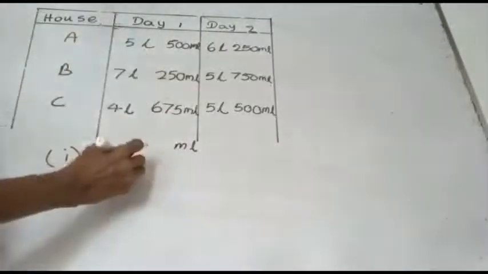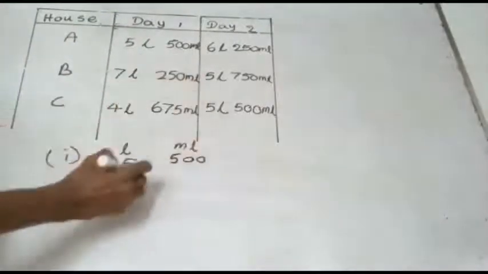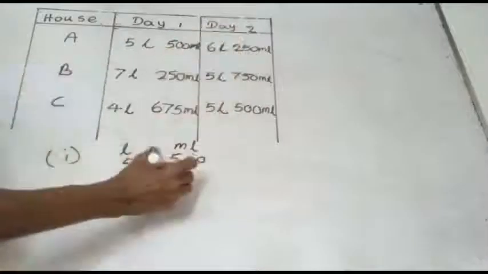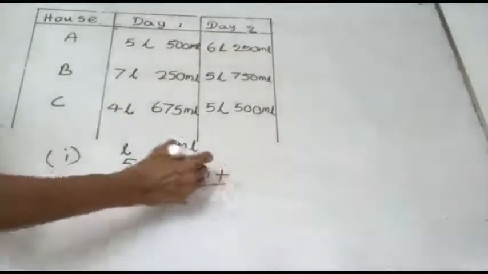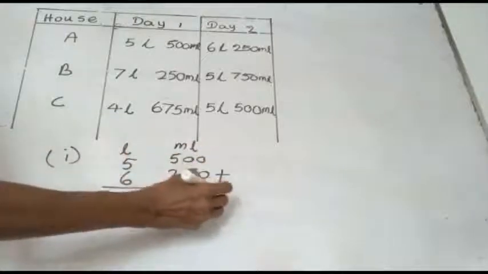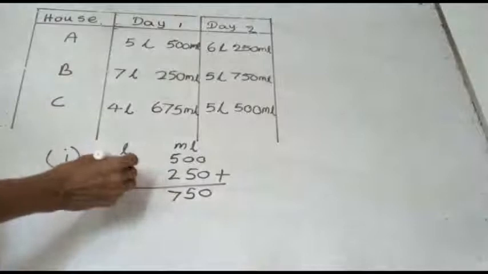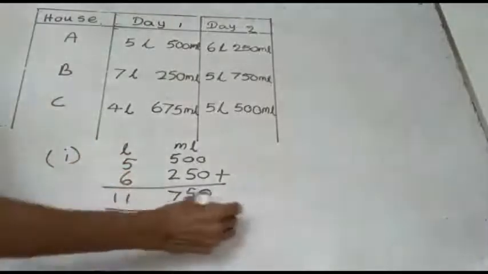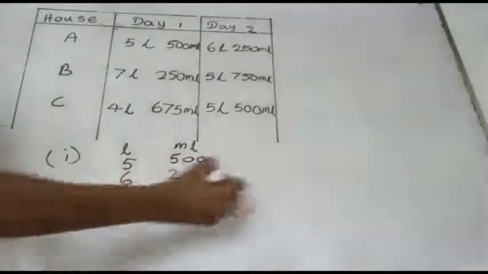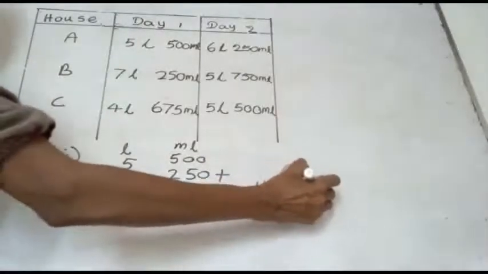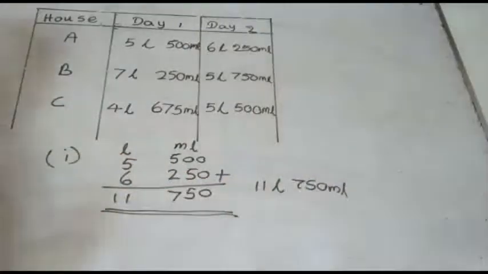Day 1, 5 liters and 500 milliliters. Day 2, 6 liters and 250 milliliters. We add them. 500 plus 250 is equal to 750 milliliters. 5 plus 6, 11. 11 liters and 750 milliliters is the answer. Yes, good.